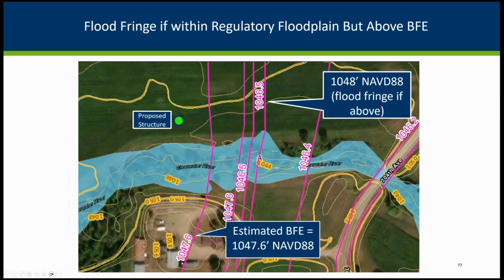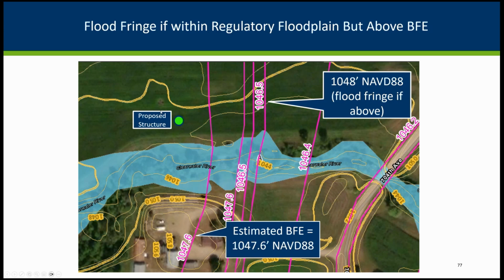If we assume that elevation, closest elevation is 1047.6, we can look at the map and see that there is this 1048 contour running through here. This proposed structure is above that 1048 contour. It's definitely out of the floodplain. So a structure could be constructed here, but do note that it would still need to meet that RFPE, minimum lowest floor elevation.